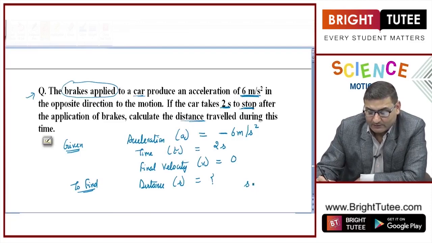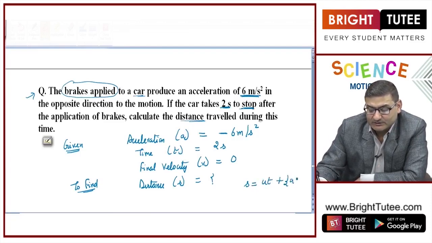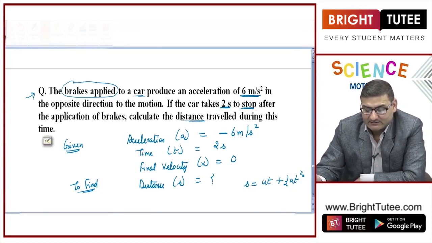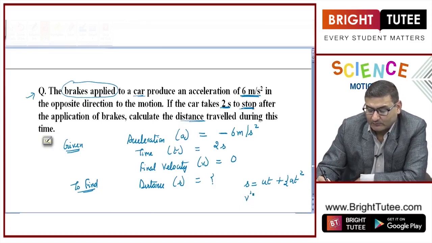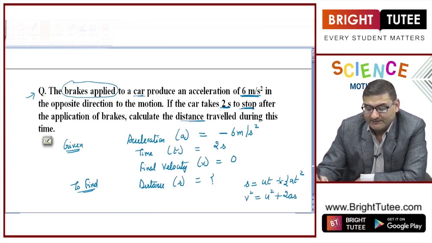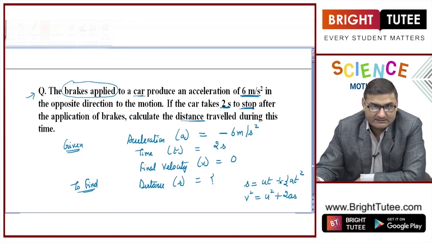Now, I can calculate s either with the second equation of motion, s is equal to ut plus half at square, or using the third equation of motion, v square is equal to u square plus 2as.